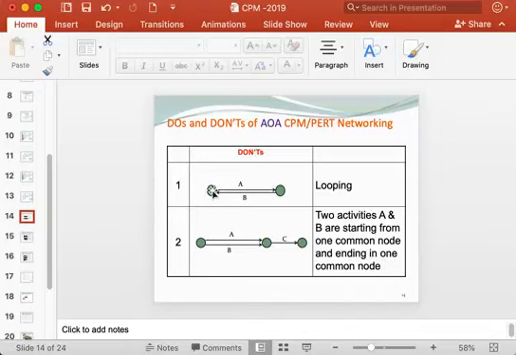So you are first completing the project activity A here, starting from this point to this point, and then this activity B starts after completing A, and then it is going back to the starting point of activity A. So this is called looping.